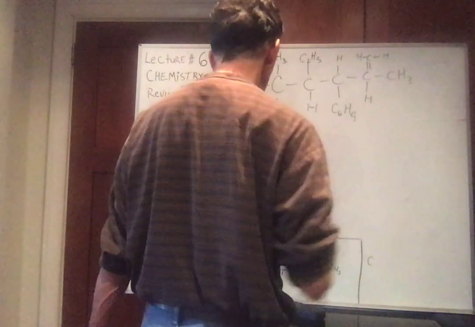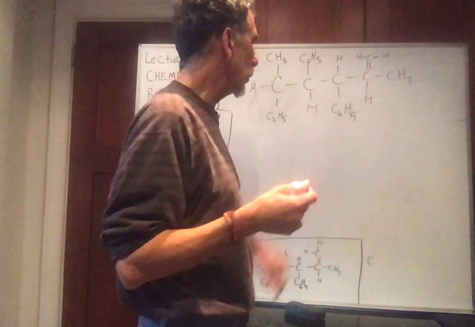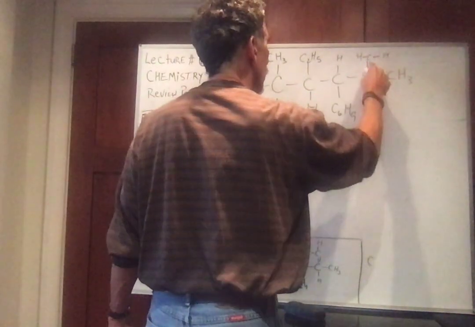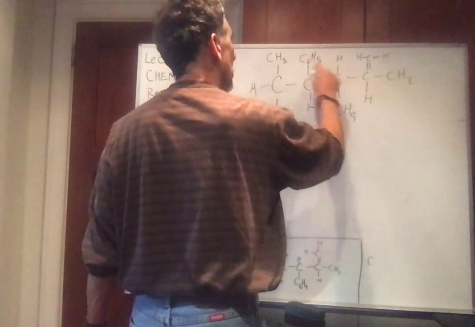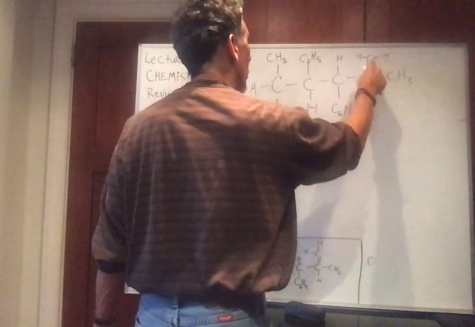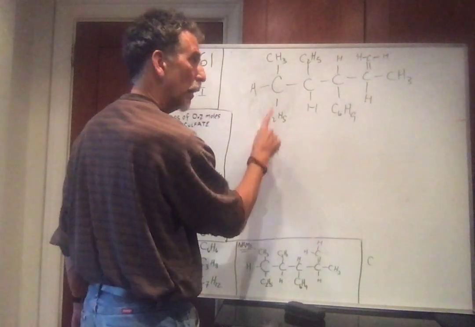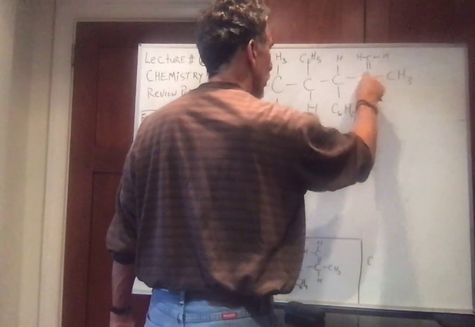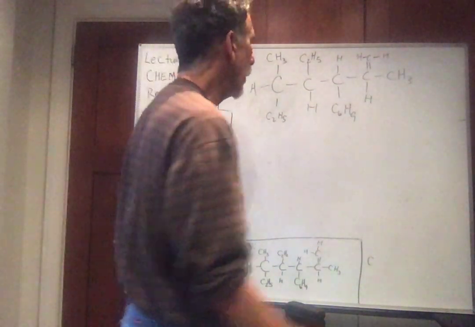All right, let's find the longest chain, but we must involve the double bond in our longest chain. So we have 1, 2, 3, 1, 2, 3, 4, 6. 1, 2, 3, 4, 5, 6. 1, 2, 3, 4, 5, 7. Look at that. 1, 2, 3, 6, 9. Okay?